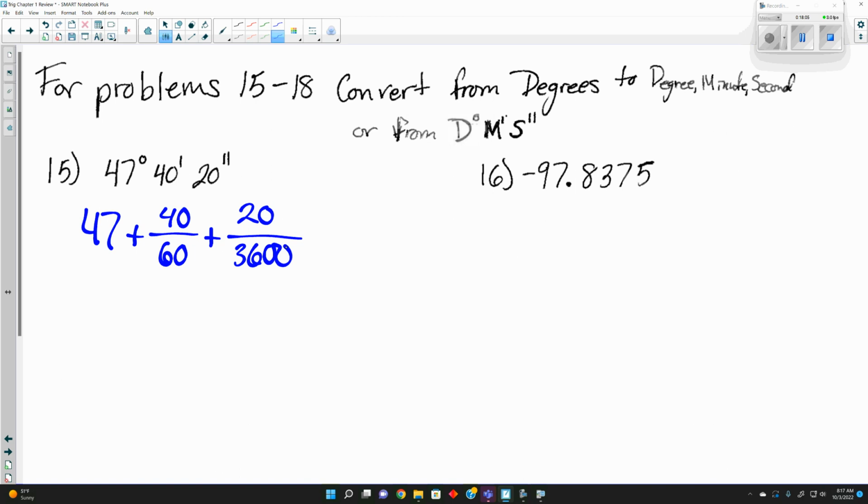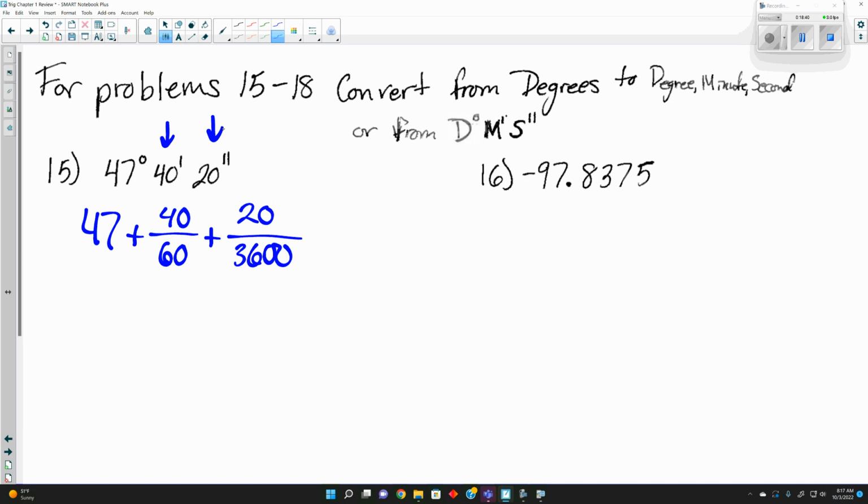Where we get the 3,600 is, to get to seconds, we had to take the decimal and multiply it by 60, and then take that decimal and multiply it by 60. Going from decimal to minutes, seconds, we multiplied by 60 twice: minutes once, seconds twice. So the seconds is going to have to be divided by 60 twice, and 60 times 60 is 3,600.